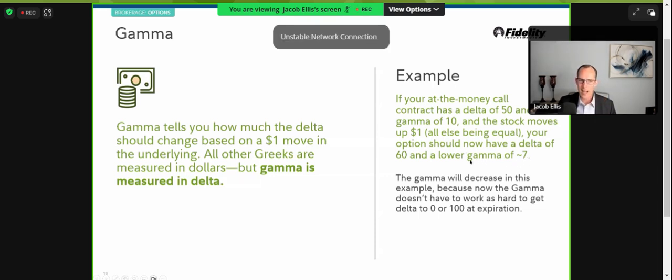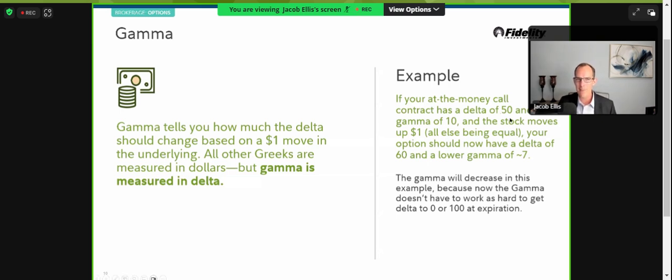You could think of gamma as how hard it has to work to move delta from its current value to the extreme. The highest delta could ever be is 100, and the lowest it could ever be is 0. There are, of course, also negatives, but in each case, it's going to range from 0 to either 100 or 0 to negative 100.